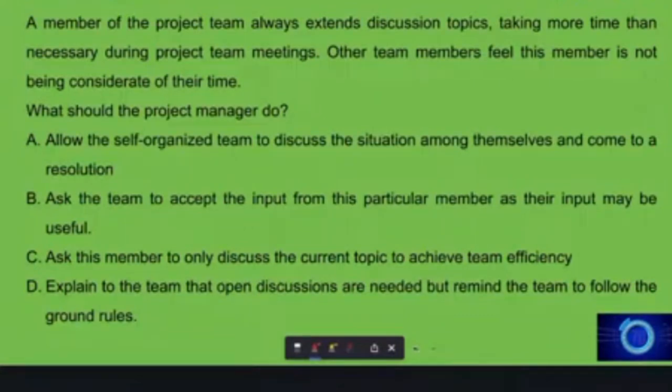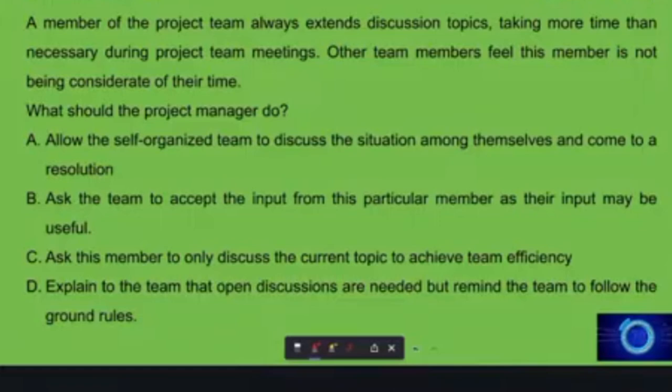B. Ask the team to accept the input from this particular member as their input may be useful. C. Ask this member to only discuss the current topic to achieve team efficiency. D. Explain to the team that open discussions are needed, but remind them to follow the ground rules.